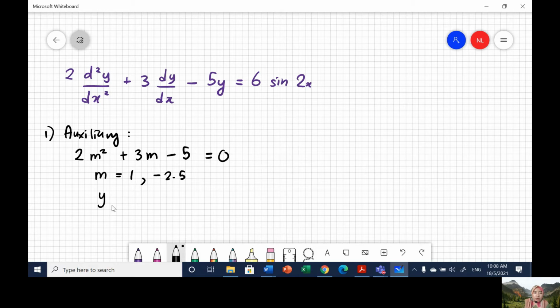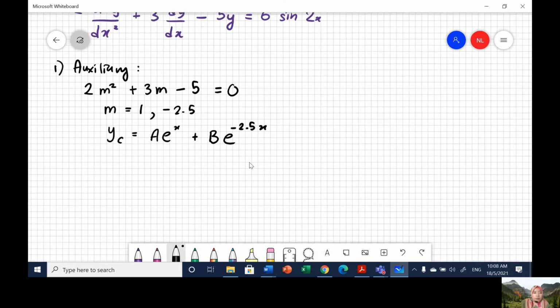So here we write down yc equals A e^(1x) plus B e^(-2.5x). So this is our complementary function.